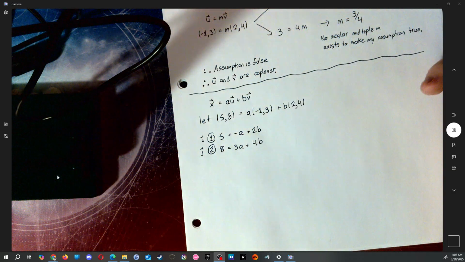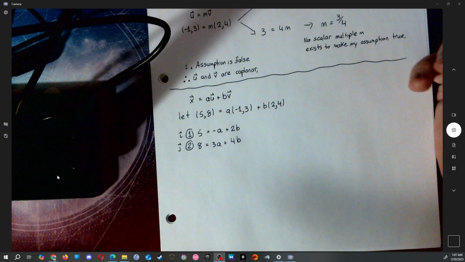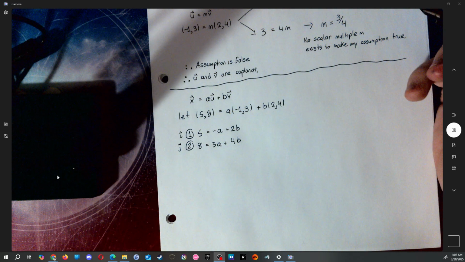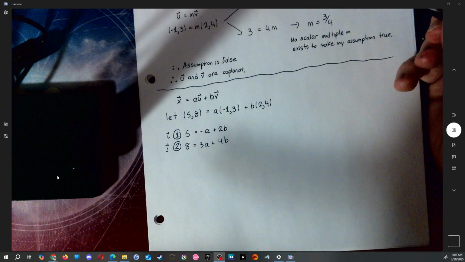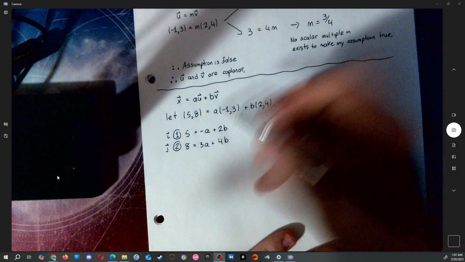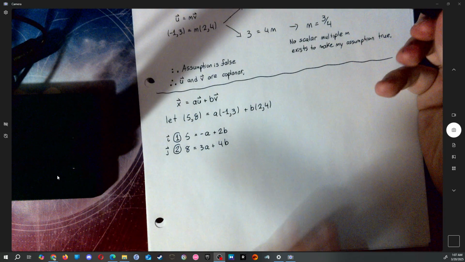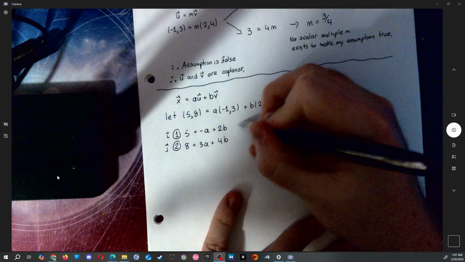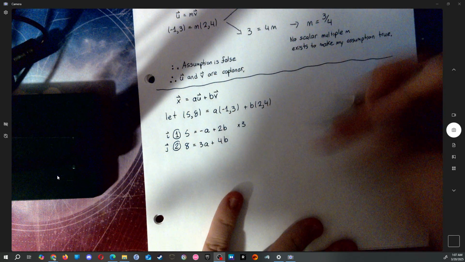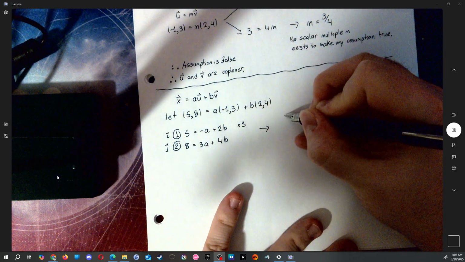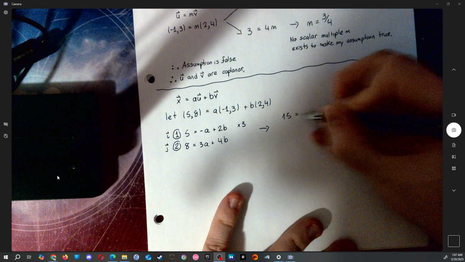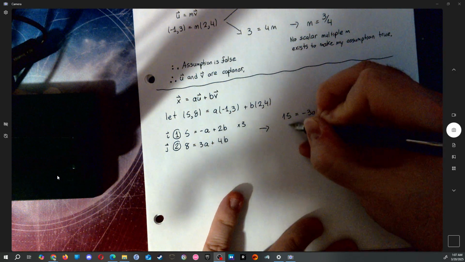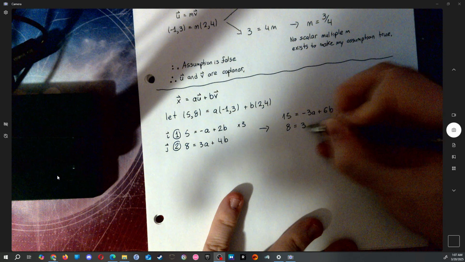And now, whichever way you want to solve this is 100% up to you. What I'm going to do is just multiply the top equation by 3 to solve it via elimination, but you could use substitution if you want to as well. So my new equations will be 15 is equal to minus 3a plus 6b, and then my second equation remains unchanged, of course.